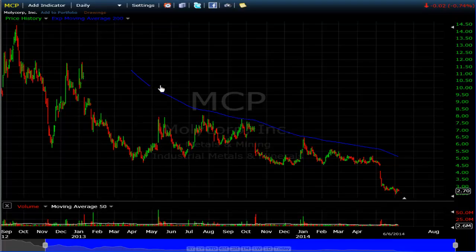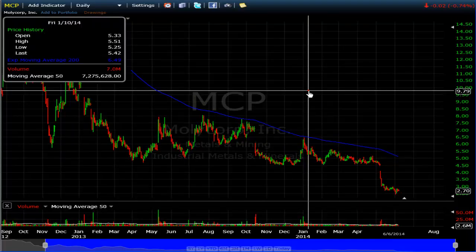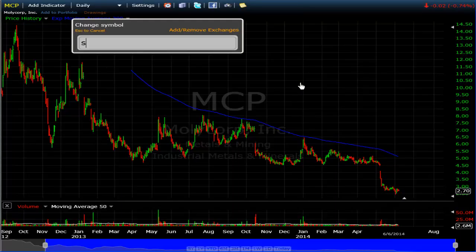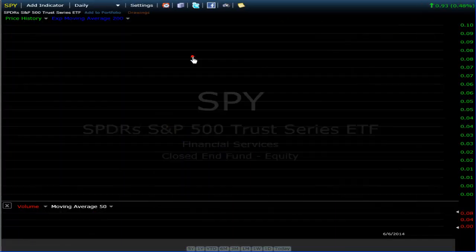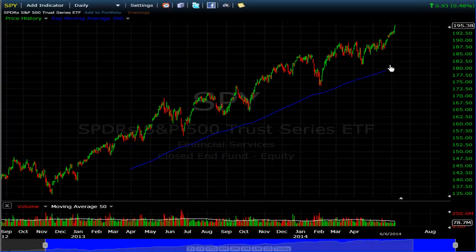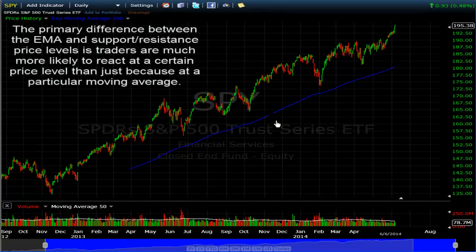And you can clearly see that this is a downtrend, right? If I went back to the SPY, you'd be able to see a clear uptrend, right? So when you hear people talking about moving averages, when you hear me talking about moving averages, especially the longer period moving averages, they're just an attempt to discern the trend of a security, so that you can make trade decisions based on that.